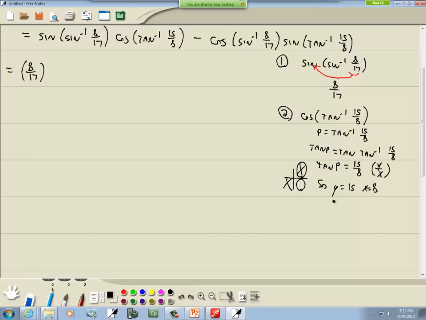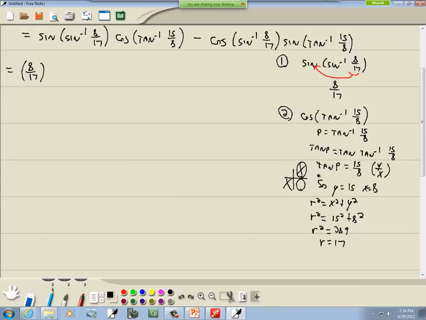Now, let's find r. So r squared is equal to x squared plus y squared. R squared is equal to 15 squared plus 8 squared. Let me get my calculator. So 15 squared plus 8 squared is 289, which tells us r is 17.